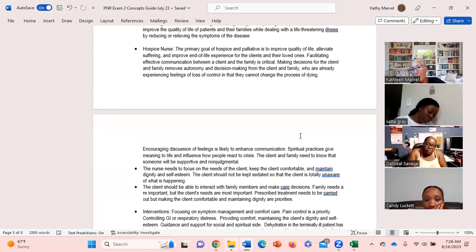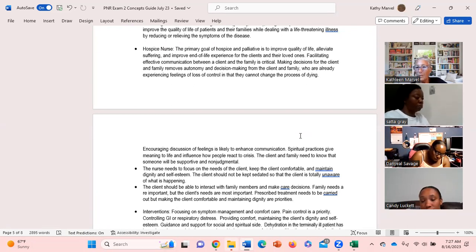What do you do with a family member who's not on board or who doesn't agree with the decisions that are being made? That's a real challenge for the hospice nurse, because the goal is to have everybody included. You really have to dig in and figure out why they're not on board and try and help communicate to them what's going on.